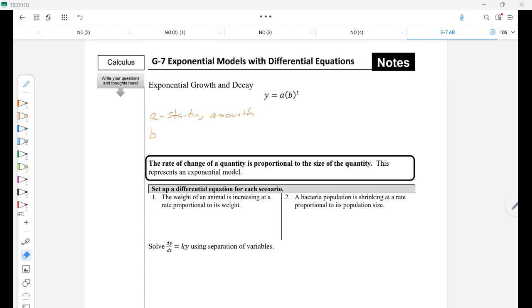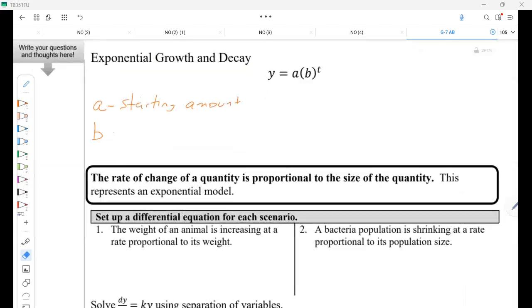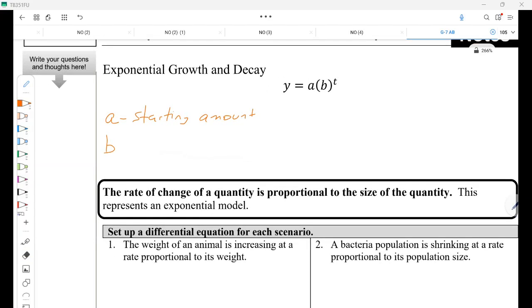We'll define amount later. And then b is your growth or decay rate. It's a growth rate if b is greater than 1, and it's a decay rate if b is less than 1.